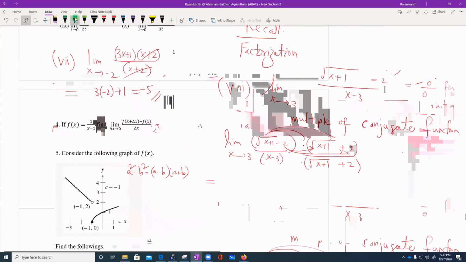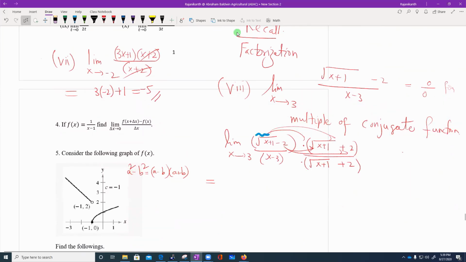So you could think of this as A, and this 2 is like B. So this expression is simply A minus B times A plus B, which is simply A squared minus B squared.